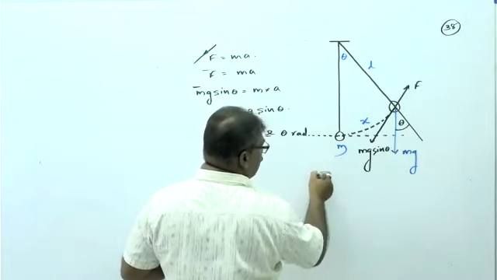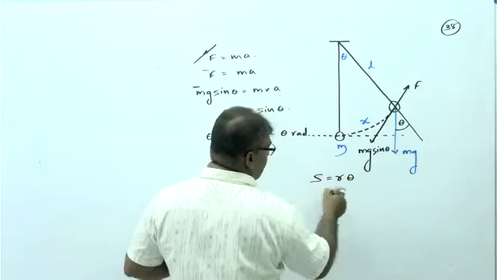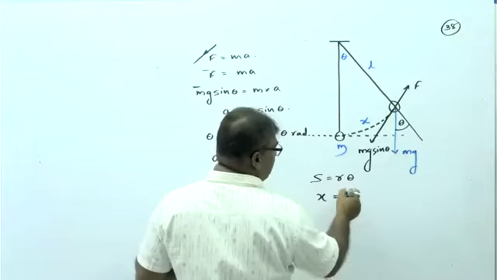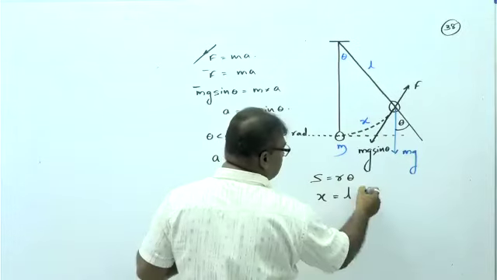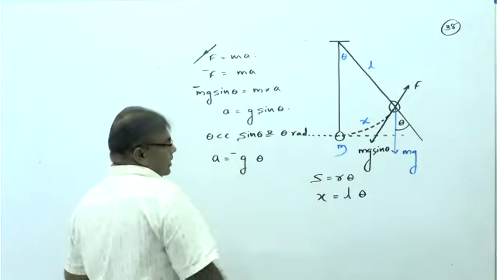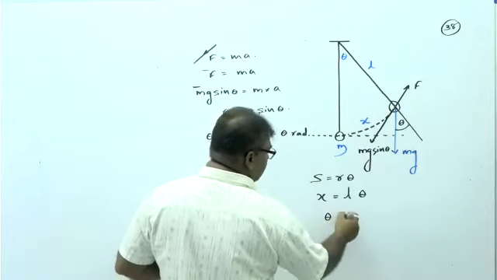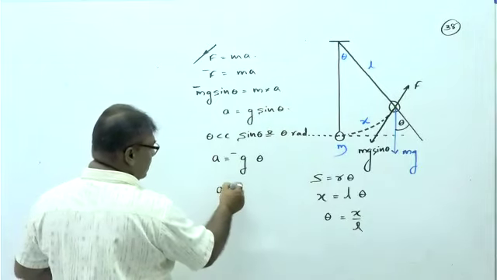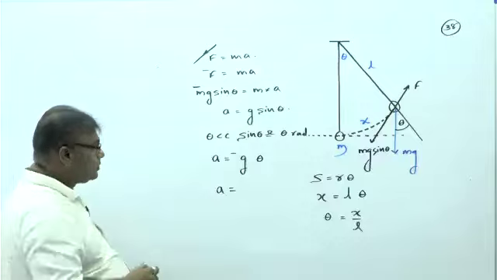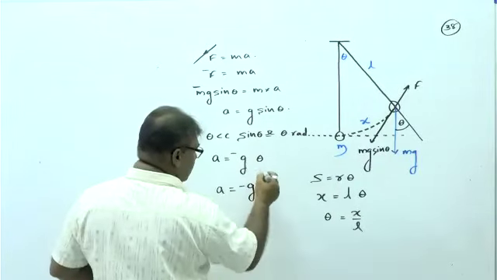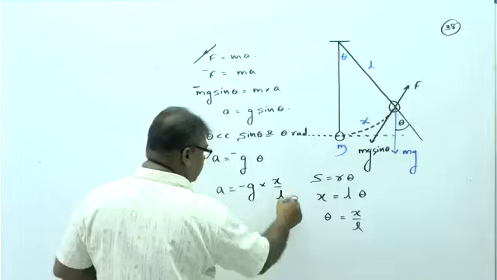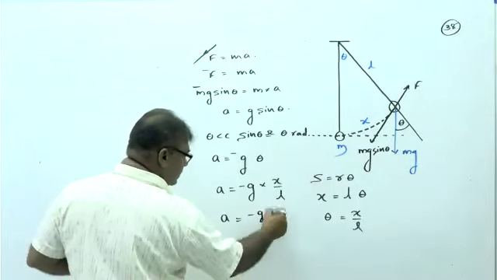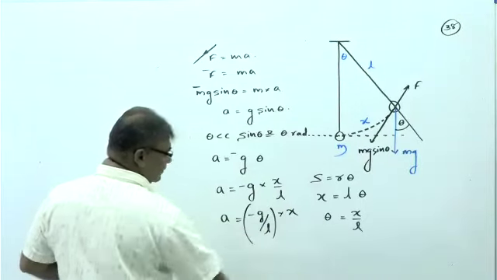We can write s equals r theta, where s is the arc length x and r is the radius L. Then theta equals x over L, so a equals minus g x over L, that is, a equals minus g over L into x.